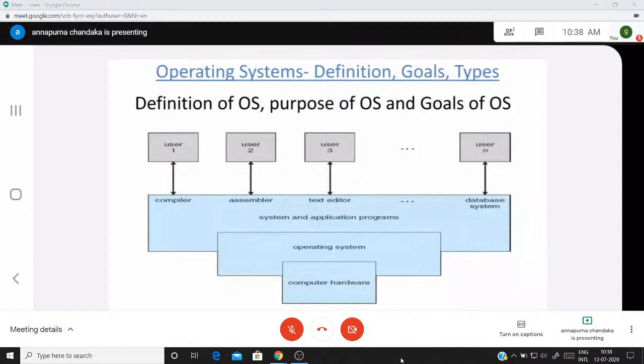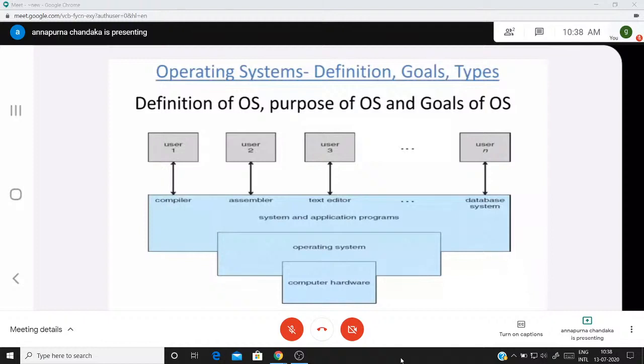That is the basic standard definition of a computer.